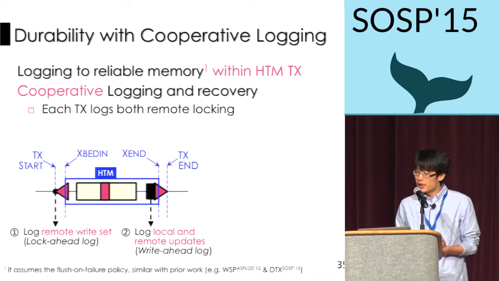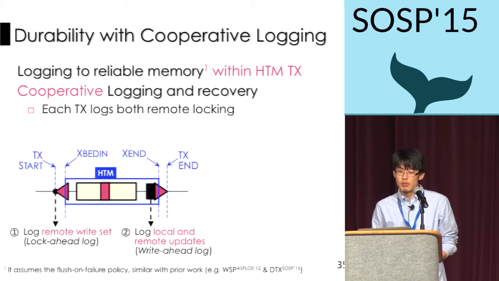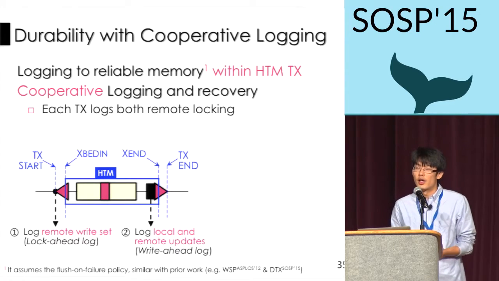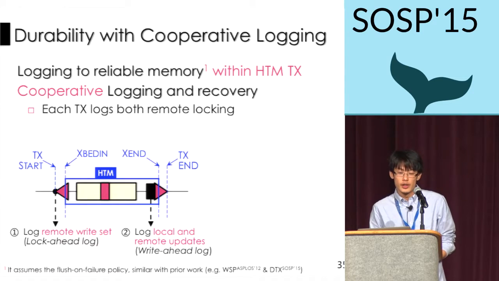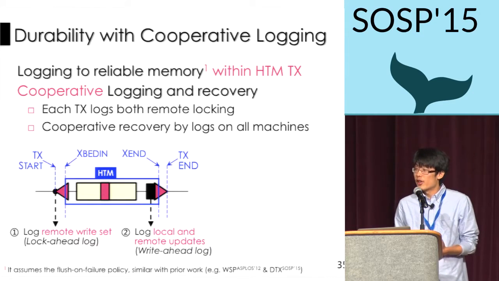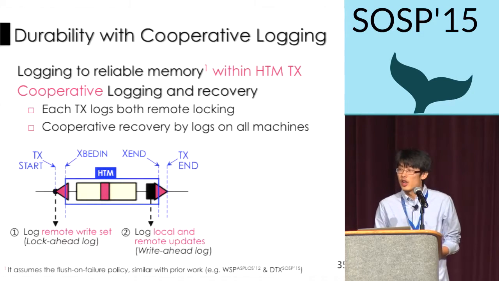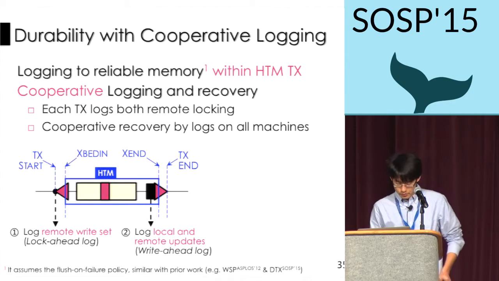For cooperative logging, each transaction will log its lock set before it actually executes, so that when a machine recovers from failure, it can release the remote locks it acquired. Once a failed machine needs to be recovered, all the surviving machines in the cluster will be notified to help recover the data records at this machine by draining their logs.